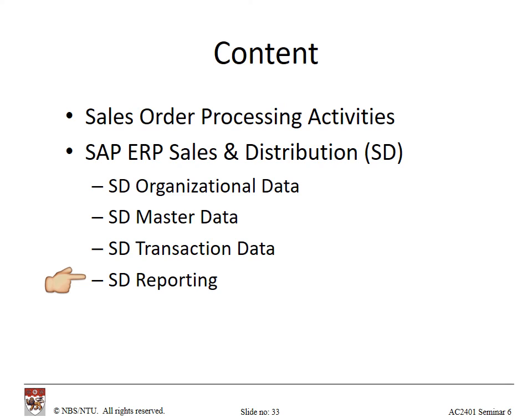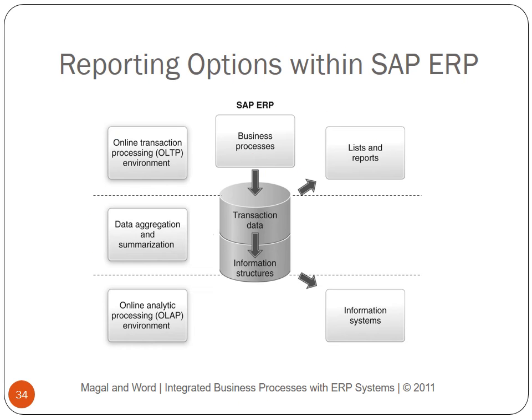Next, reporting options in SD. SAP ERP provides several reporting options, including online lists, work lists, and analytics. An additional reporting option in fulfillment is the document flow, which identifies all the documents relating to a customer order.